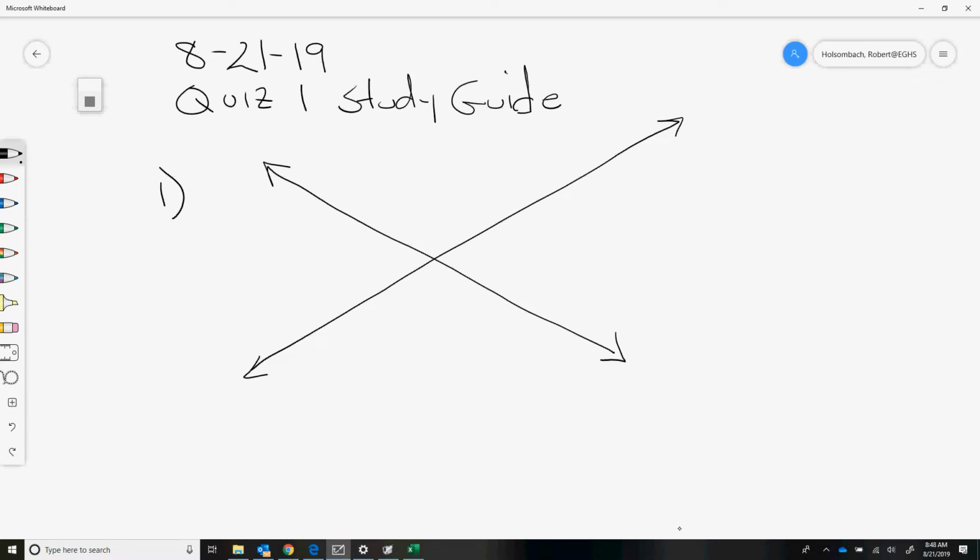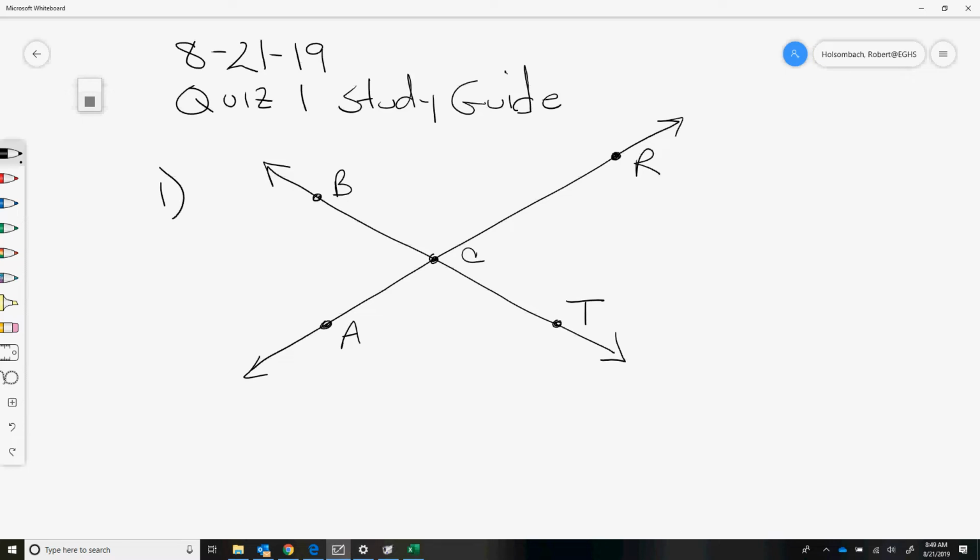And the points on those lines, you've got BCT, and then AR. It says name 2 lines in the figure. Alright? Name 2 lines in the figure.